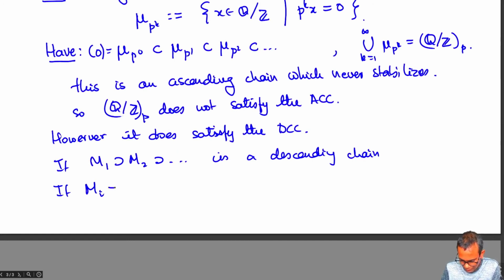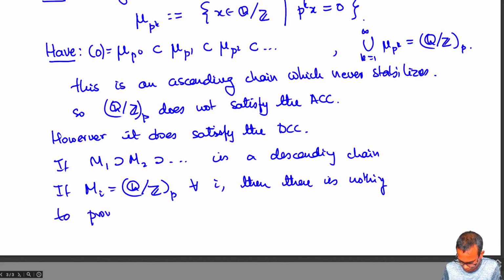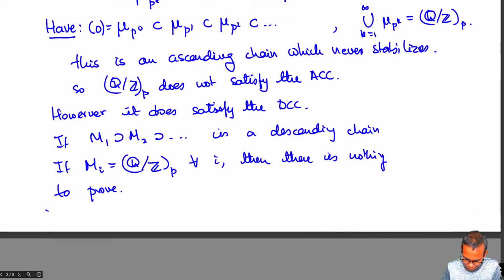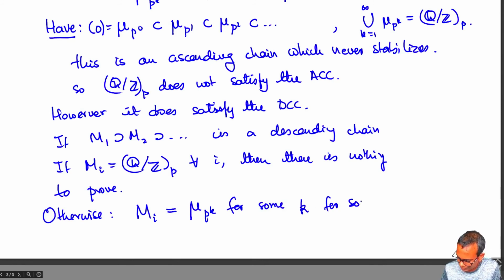If M_i equals Q mod Z p for all i, then there is nothing to prove. Otherwise, we have M_i equals mu p^k for some k, for some i.